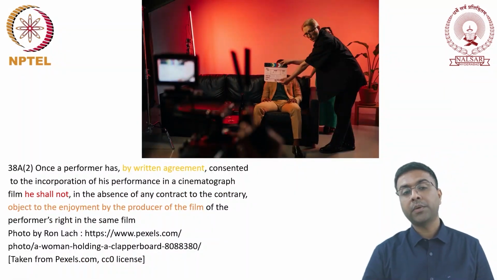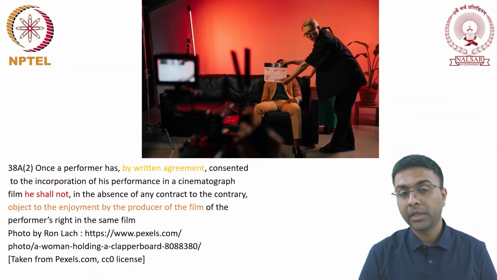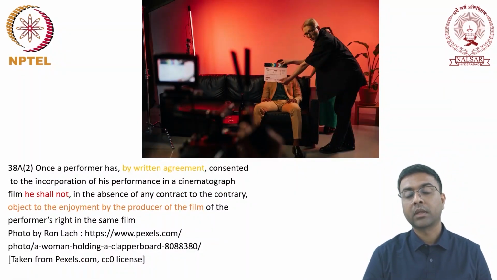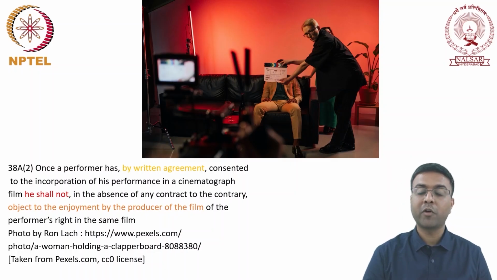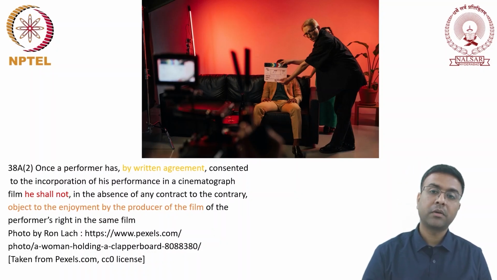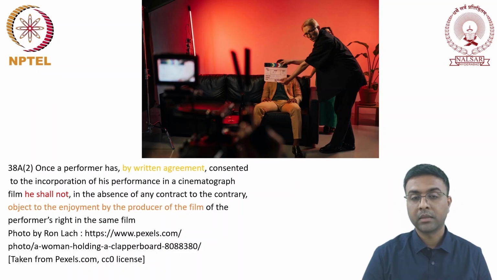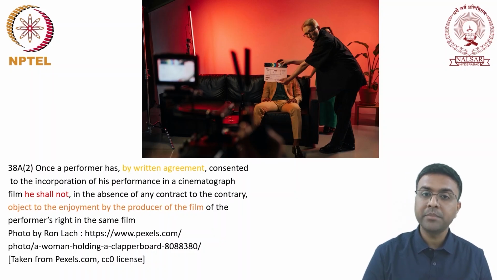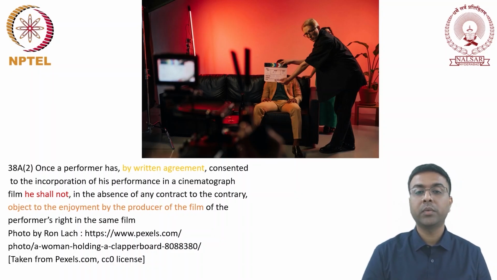Let us now come to another segment of 38A, which talks about incorporation of performances in cinematograph films. Now, this is something which all of us have seen, that films are incomplete without performers.